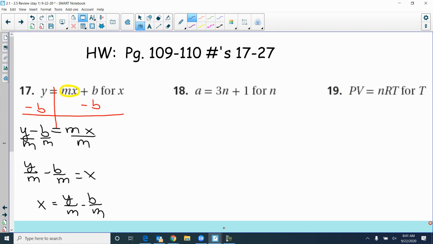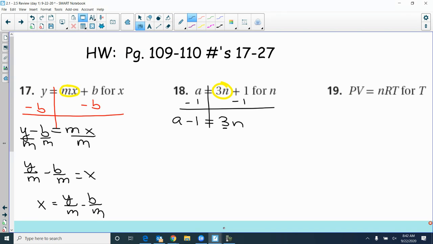All right, London, how about 18? Everybody look at it. We're solving for n. What do you think, London? You subtract 1 from both sides. Subtract 1. Good. And then tell me what to write. A minus 1 equals 3n. Good. Now do what? You divide by 3.